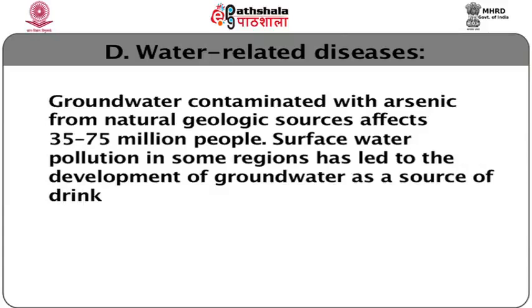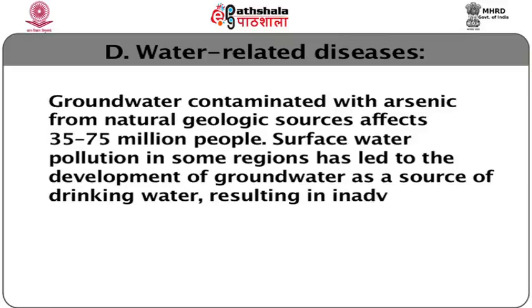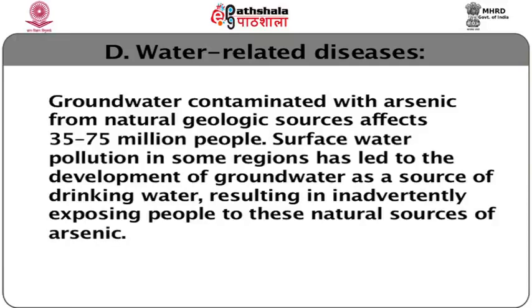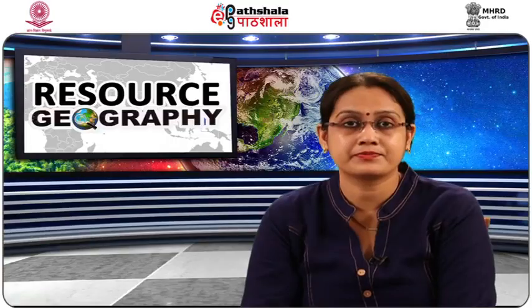Surface water pollution in some regions has led to the development of groundwater as a source of drinking water. So, what will be the result of such a change in source of drinking water? This will inadvertently expose people to natural pollutants like arsenic.